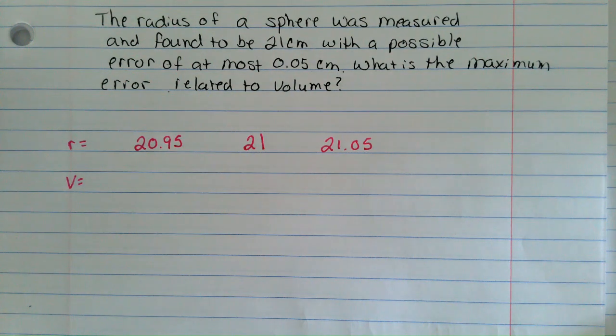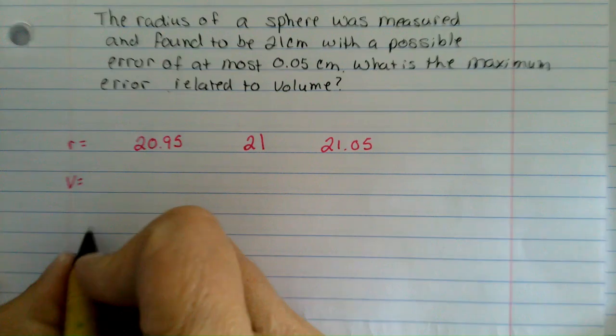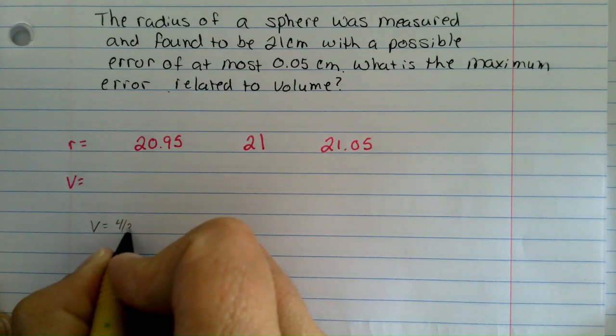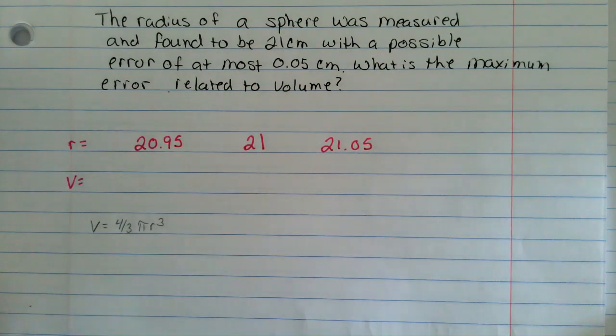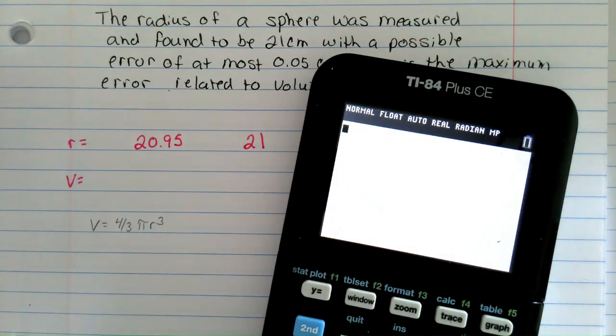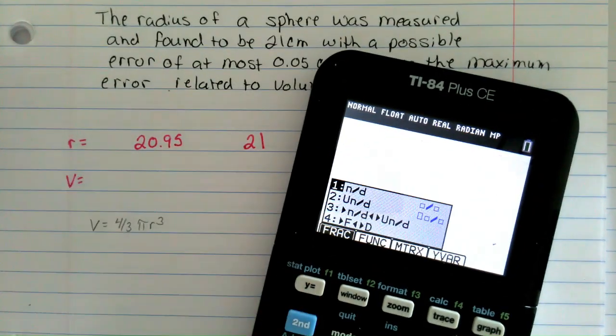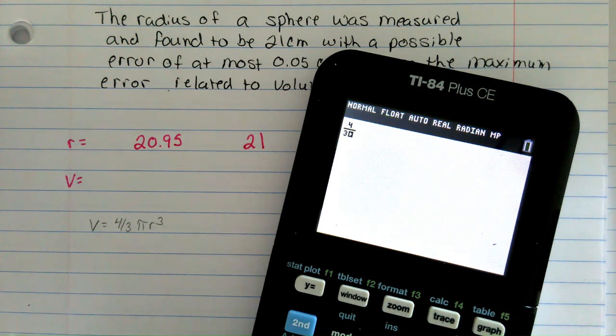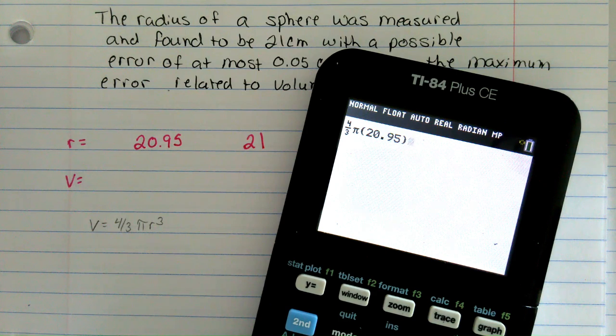Okay, so if you recall, volume is 4/3 pi r cubed for a sphere. So 4/3 pi radius cubed.